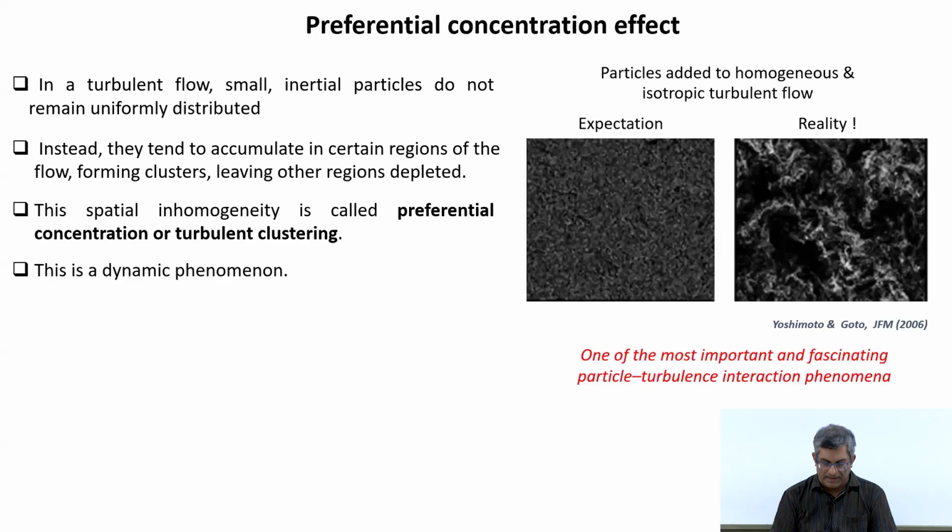If you take, let us say, a photograph at another time instant, you will not be able to see exactly the same pattern. You will see another pattern. So, this means that the clustering or preferential concentration phenomenon is dynamic.